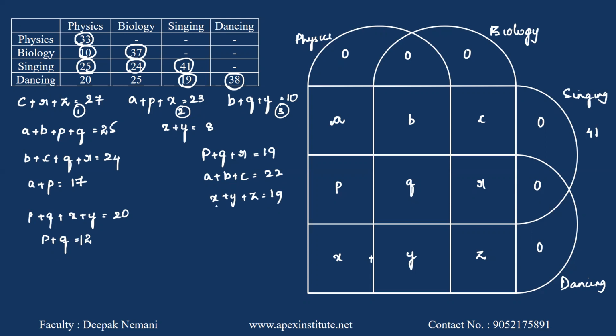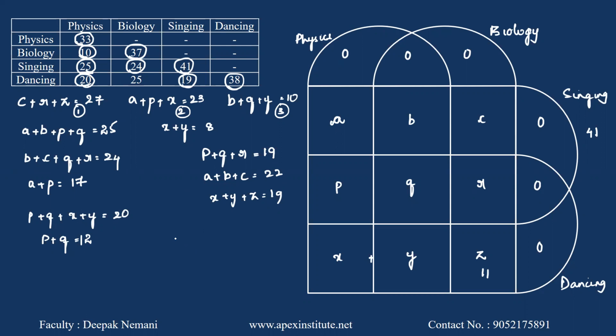Okay. Now we have X plus Y plus Z is equal to 19. If X plus Y is equal to 8, Z should be equal to 11. Now where do we have Z? As of now, no. Fine. Now the number of teachers who teach biology and have a hobby dancing.